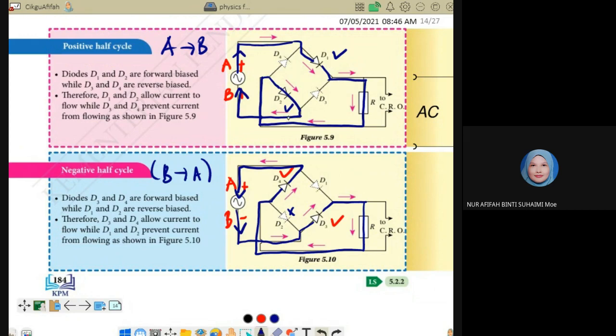This one is D1, D2, this one is D3, D4. Look at the arrangement. For the opposite diodes, the direction is the same.